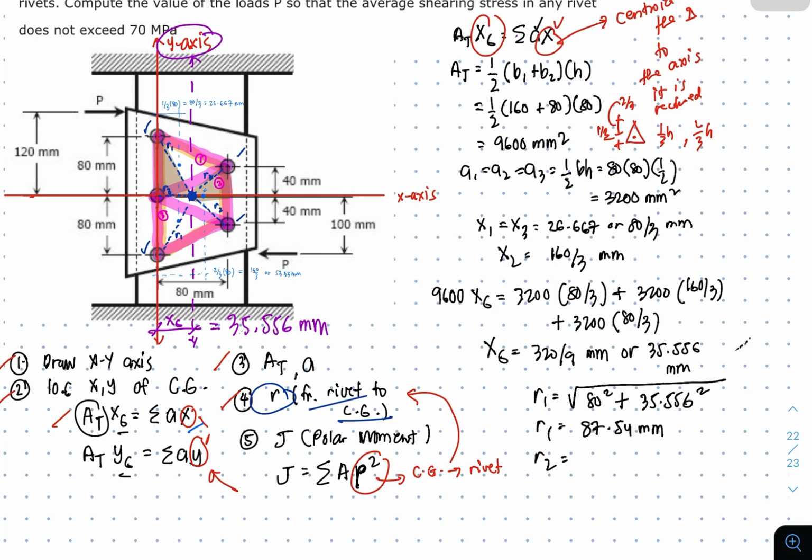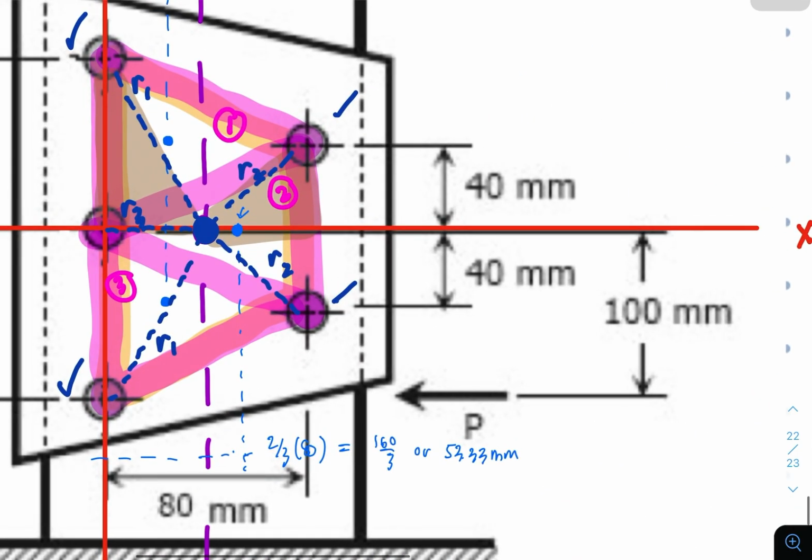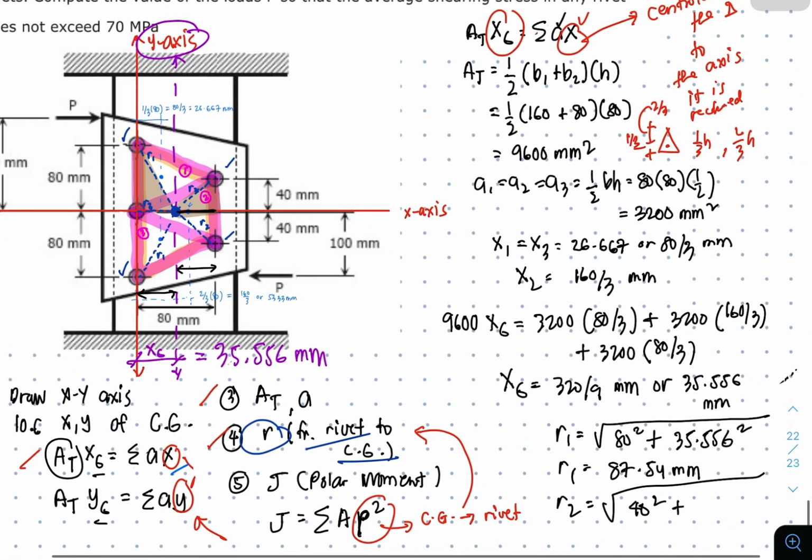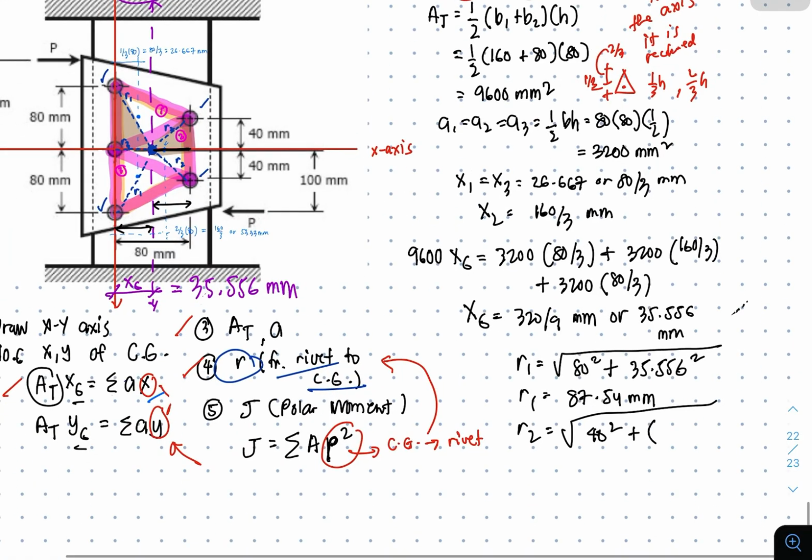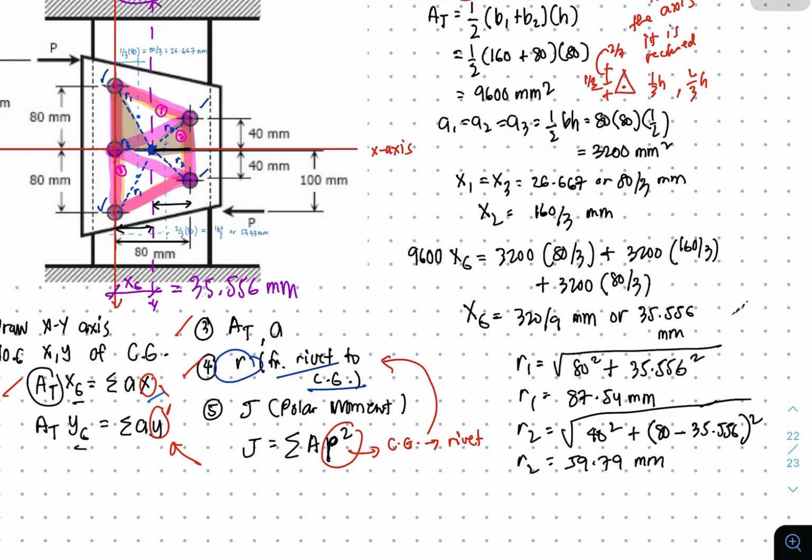Next, we need to solve for R2, and R2 is simply the square root of 40 squared plus, since we need to solve for this one, it is simply equal to this one, 80 minus our x sub g. So that gives us 80 minus 35.556 squared, and R2 is equal to 59.79 mm.